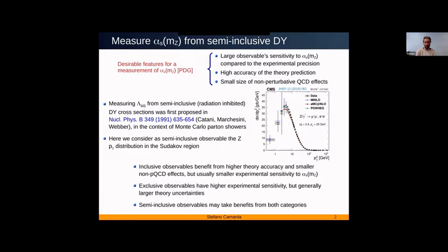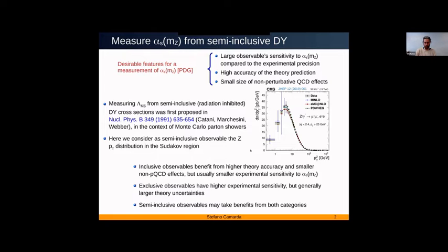So here the specific semi-inclusive observable that I am considering is the Z pT distribution in the Sudakov region. Here I show, as an example, a recent CMS measurement where we can see very clearly this Sudakov region where we have a nice peak at about 4 GeV. So what characterizes semi-inclusive observables?